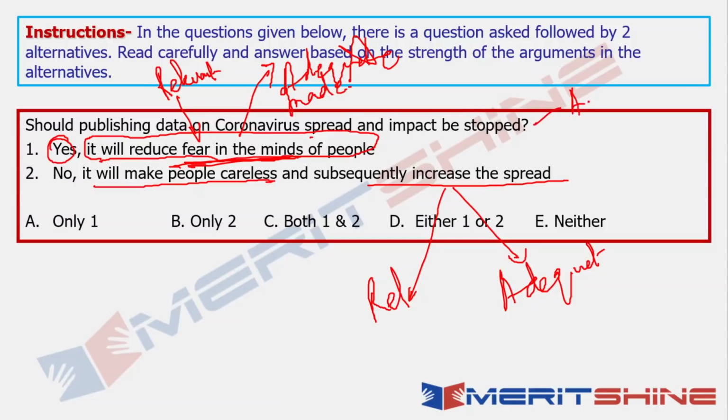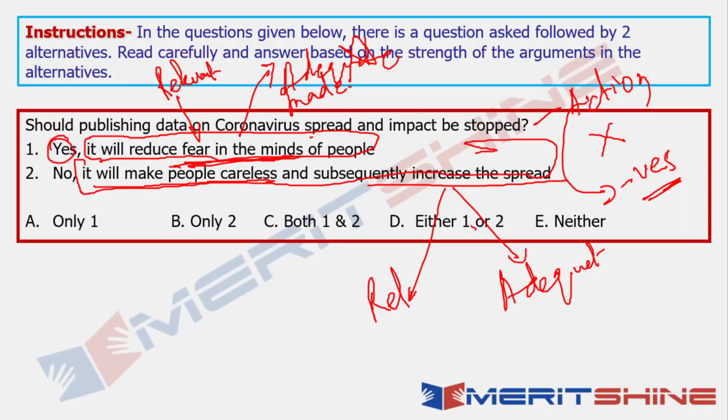So this is an action. When will I not do this? If doing this results in negatives, then I should not do this. This is a negative, and an adequate negative. So therefore, should I stop publishing data? No, I should not stop publishing data.